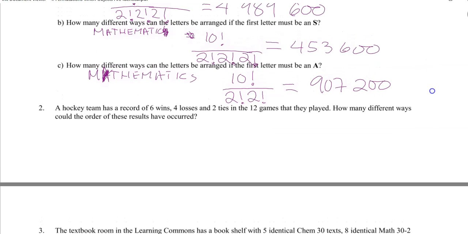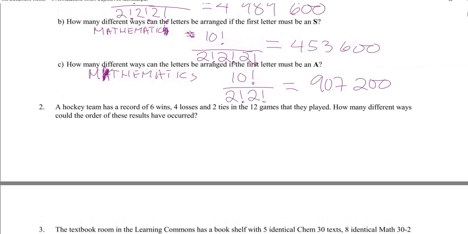A hockey team has a record of 6 wins, 4 losses, and 2 ties in 12 games that they have played. How many different ways could the order of these results have occurred?